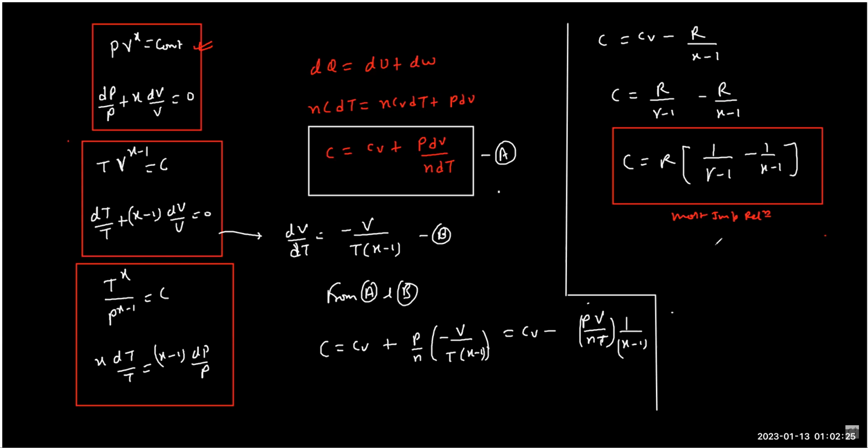It is very easy to remember. x will come from the polytropic process and gamma is the nature of the gas, whether it's mono, di, or whatever. Is this clear, guys?